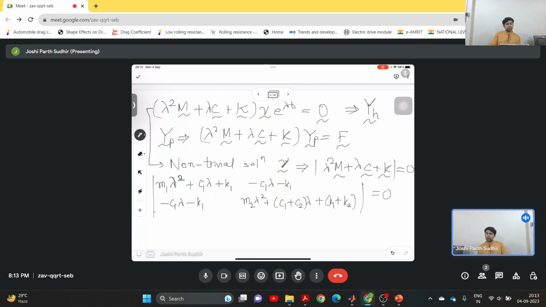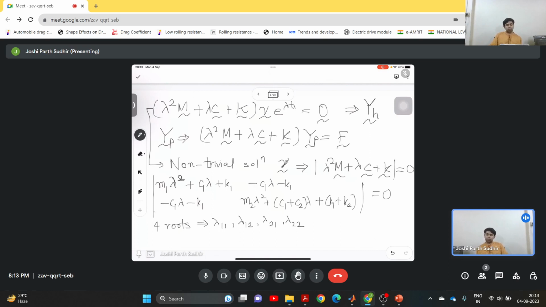So we will get four roots, which let us call lambda 1 1, lambda 1 2, lambda 2 1 and lambda 2 2, similar to our previous question.